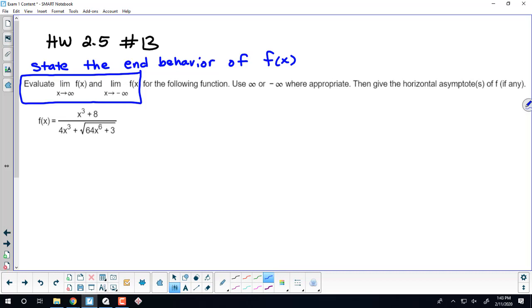But there is a function where both of those limits are the same, assuming that we do have a horizontal asymptote. Okay. So end behavior, limits at infinity, these things are the same idea, and both of these things are telling us where the function has a horizontal asymptote or asymptotes.